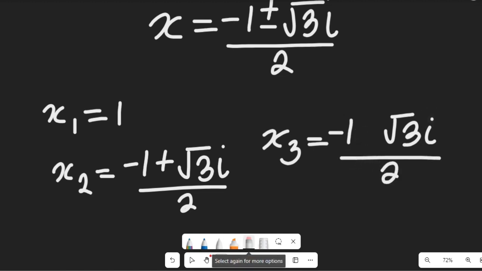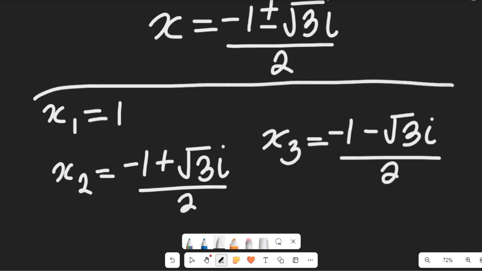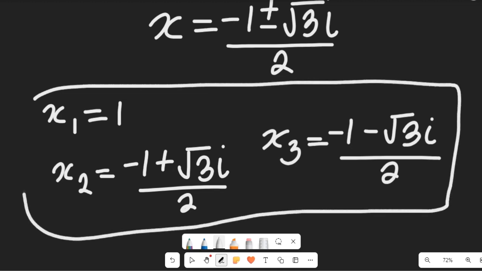This gives us a negative because the first is a positive. And this is the solution to that radical maths problem given to us up there.